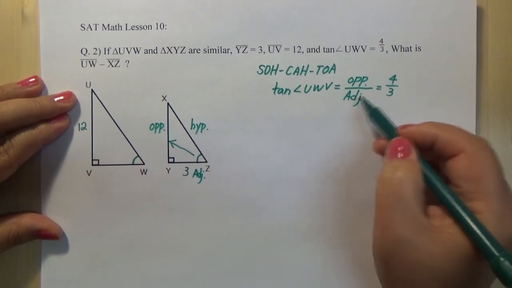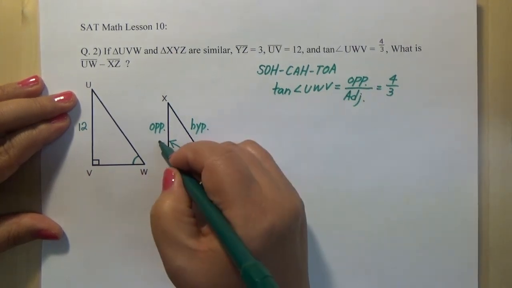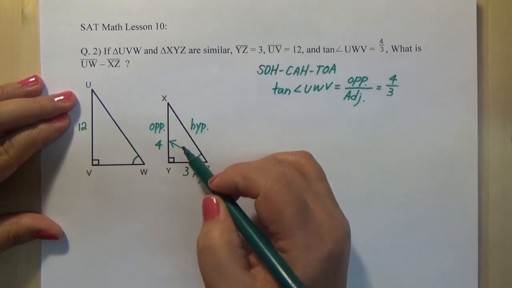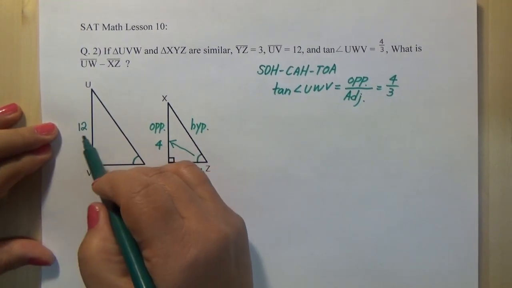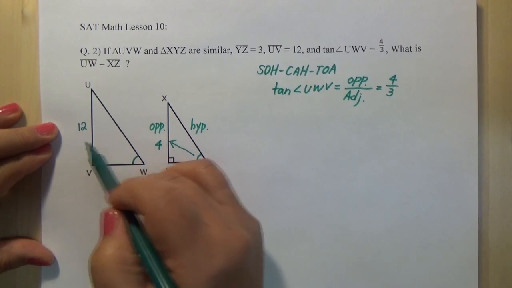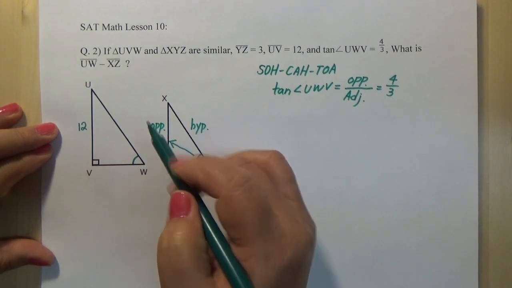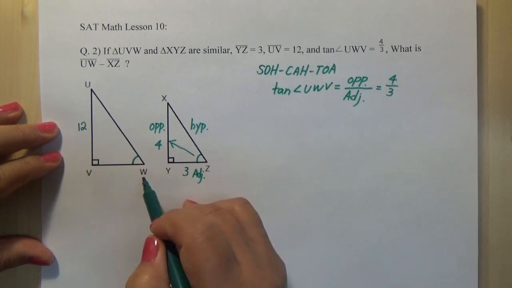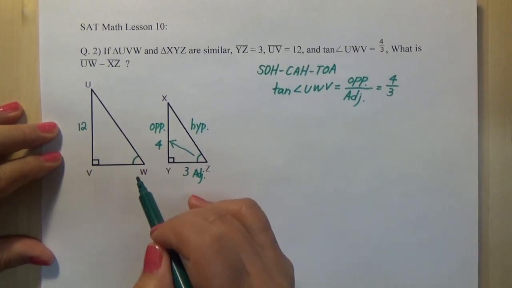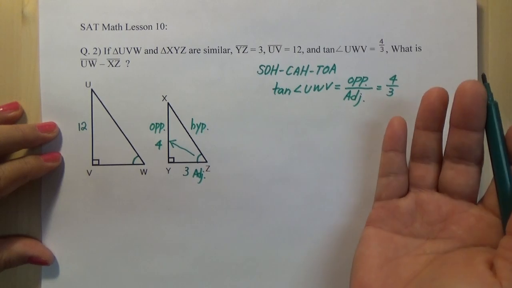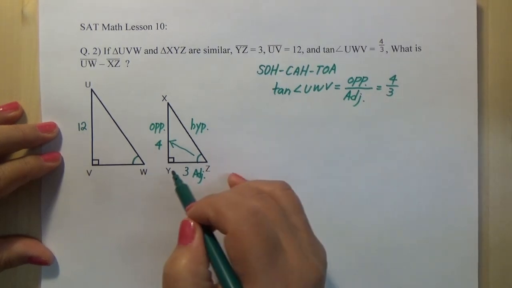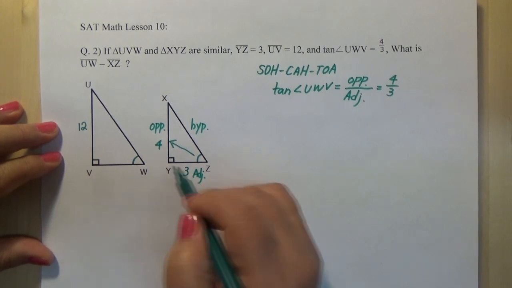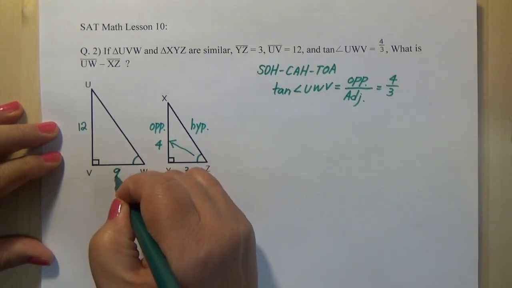And then adjacent is 3, opposite is 4, we can say. So the ratio is 4 over 3. So take a look at this 12. And 12 is 3 times as big as 4. So segment VW is 3 times as large as segment YZ. So it's going to be 3 times 3, which is 9.